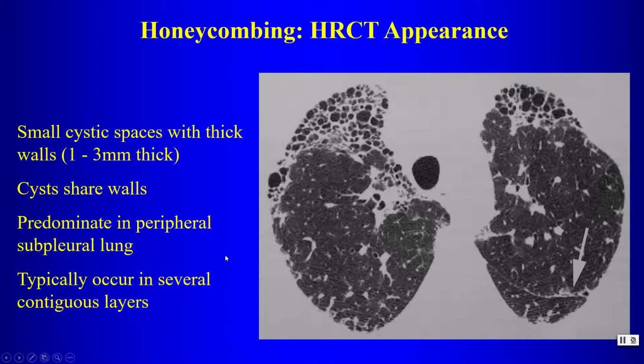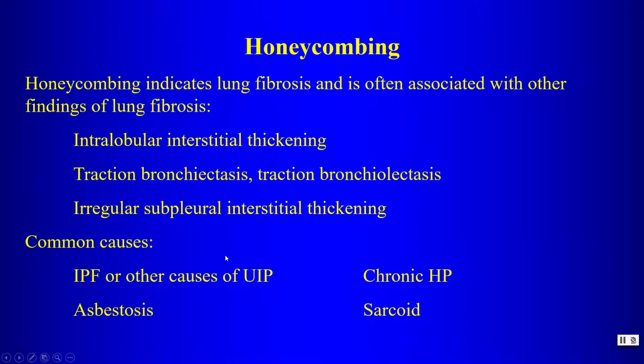So you want to be able to recognize honeycombing on high-res CT. So honeycombing indicates lung fibrosis. Usually it's associated with other findings of fibrosis like intralobular interstitial thickening, traction bronchiectasis, irregular subpleural interstitial thickening, and of course common causes that cause fibrosis like idiopathic pulmonary fibrosis, but there are other diseases like asbestosis, chronic hypersensitivity pneumonitis, sarcoid.